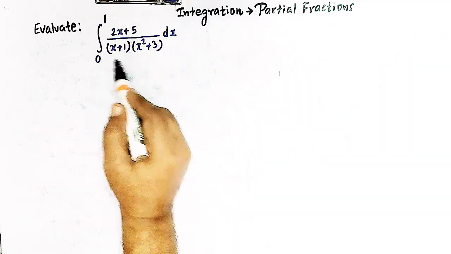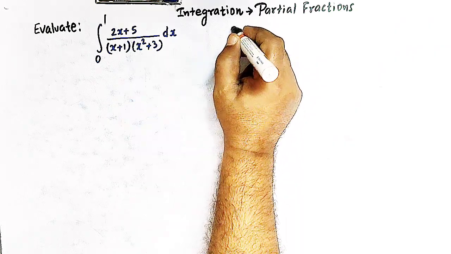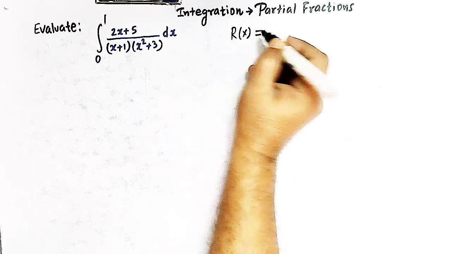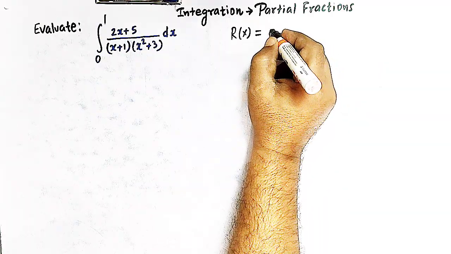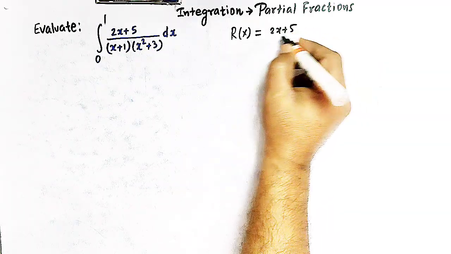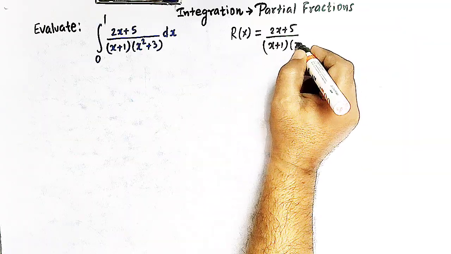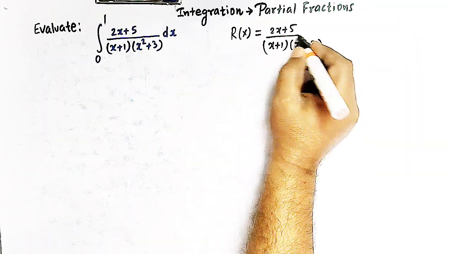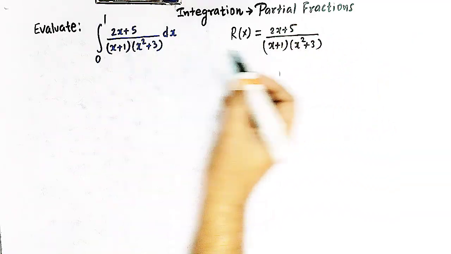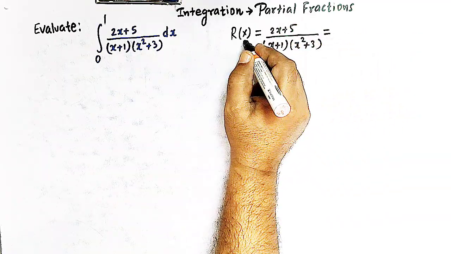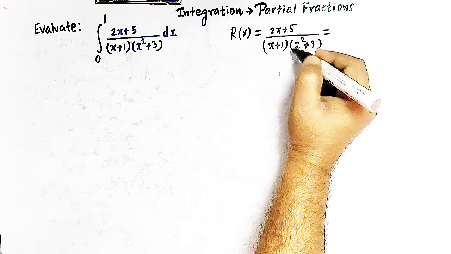So here the integrand is a rational function, right? The rational function r of x may be given by 2x plus 5 divided by x plus 1 times x square plus 3. This rational function is the quotient of two polynomials.